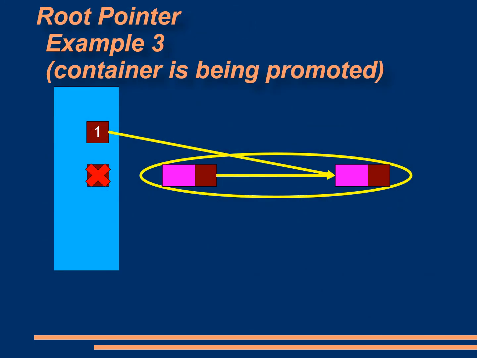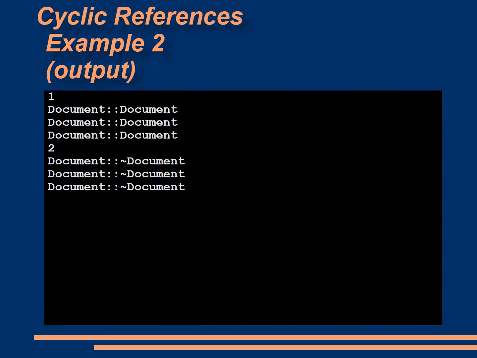Once again, as we explained before, the container is being promoted in that case to a higher scope. Therefore, the document elements are all going to be destroyed after the number 2 is printed out.